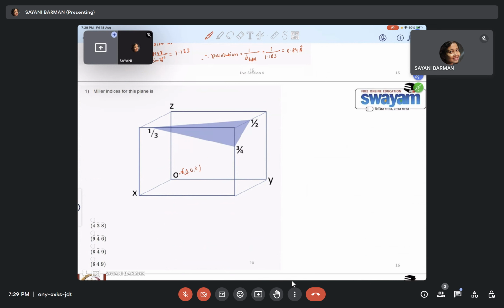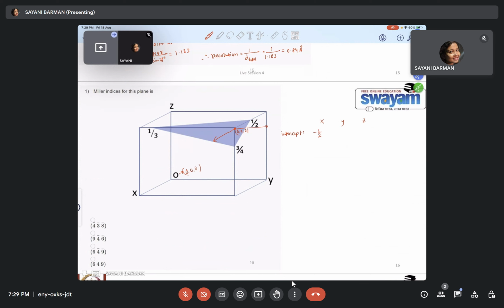So we have to shift the origin. Let's take this as 000. Okay. So the x, y, z intercepts: the x-axis is along this. So it is in negative direction, minus half.